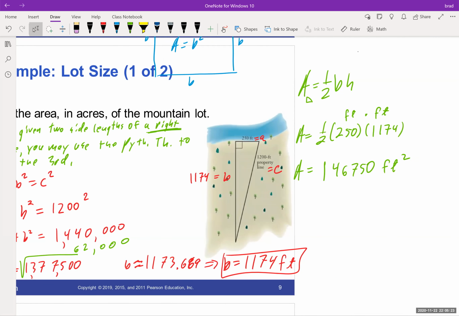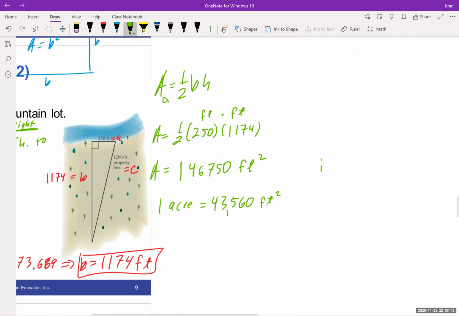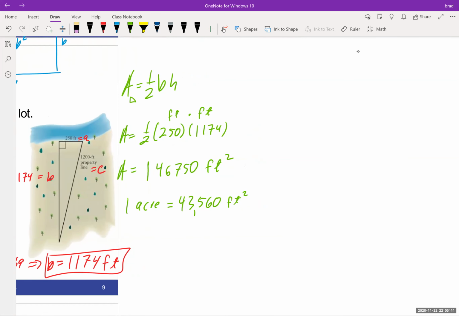Okay. Now to convert to acres, 1 acre is worth 43,560 feet squared. Now this is something I don't know. I have to look this up as well. Right? So remember our little conversion. If two things are equal, then I can just find the area in acres.